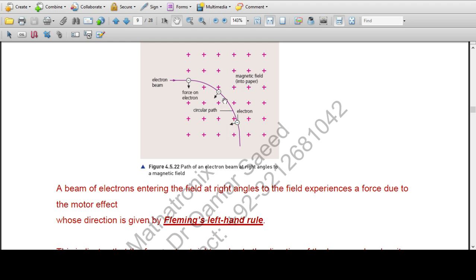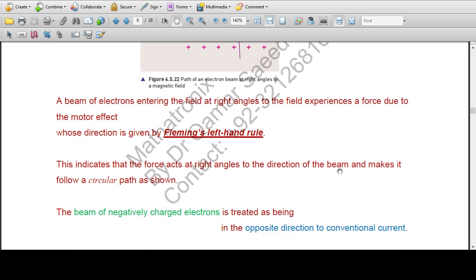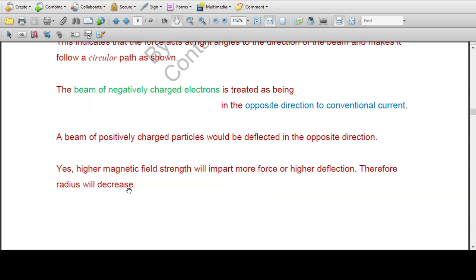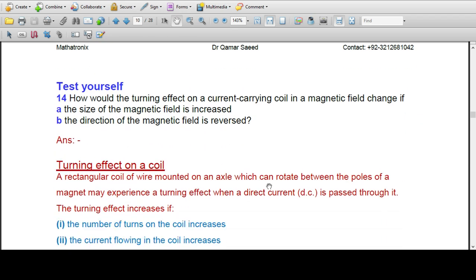As a result, this circular path will have a smaller radius, because of more force due to the increased magnetic field strength. So this will affect it.